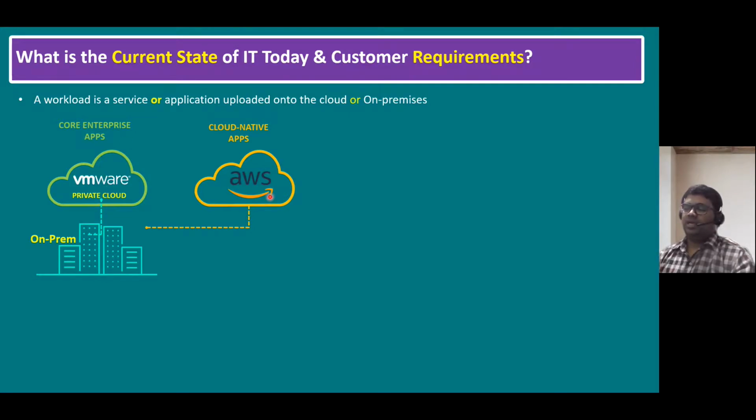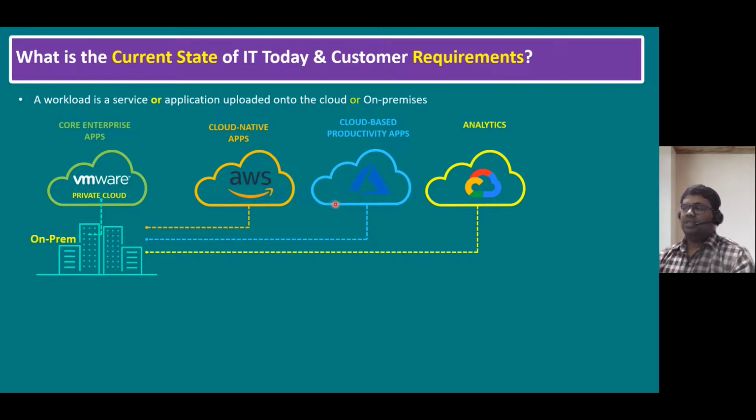Within the AWS public cloud portal, we can run our cloud native applications, and some customers may prefer to use cloud-based productivity applications on Microsoft Azure. That is also the customer's choice. Some customers may run all their analytics applications on Google Cloud Platform. Better to say platform instead of software.